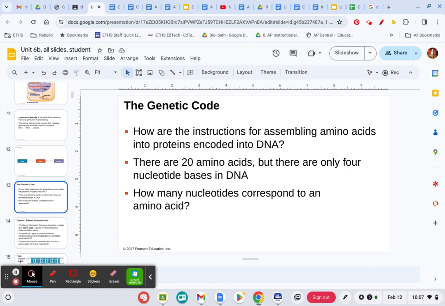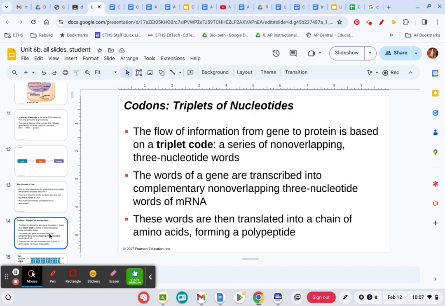But there's only 4 different nucleotide bases, A, C, T, and G. So how do they do that? The question is, how many letters would you need to come up with enough codes for 20 amino acids?